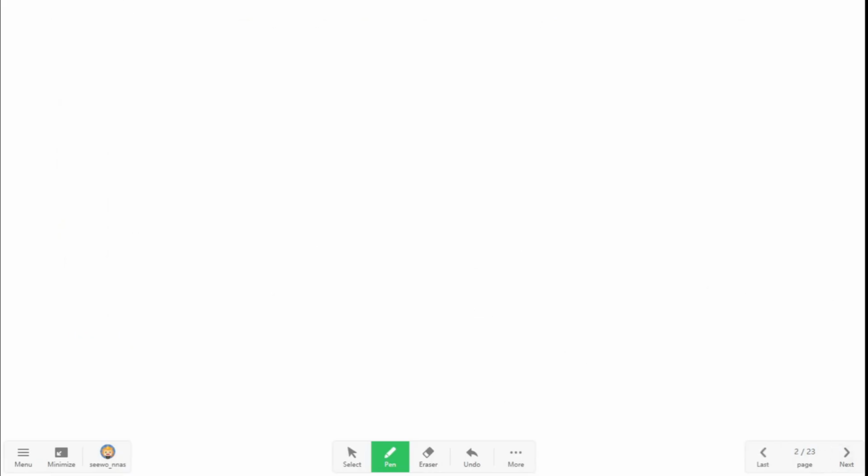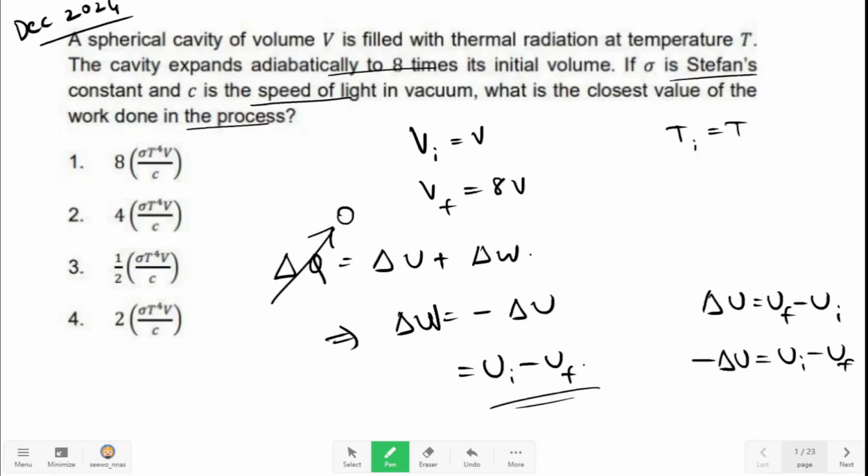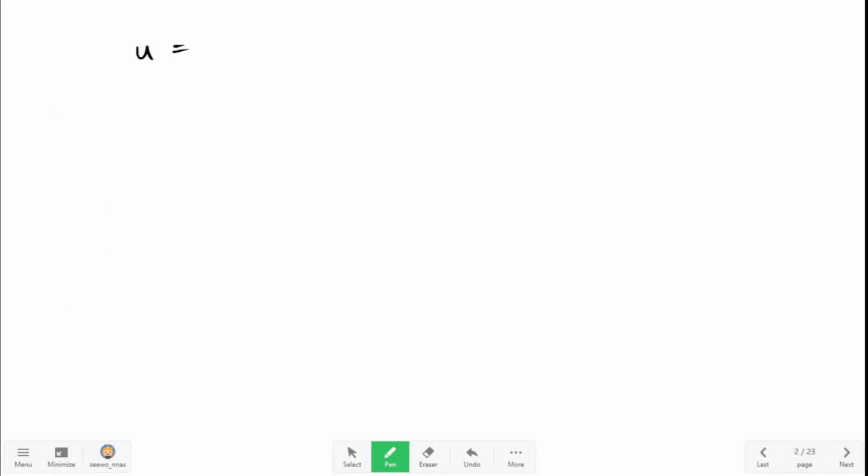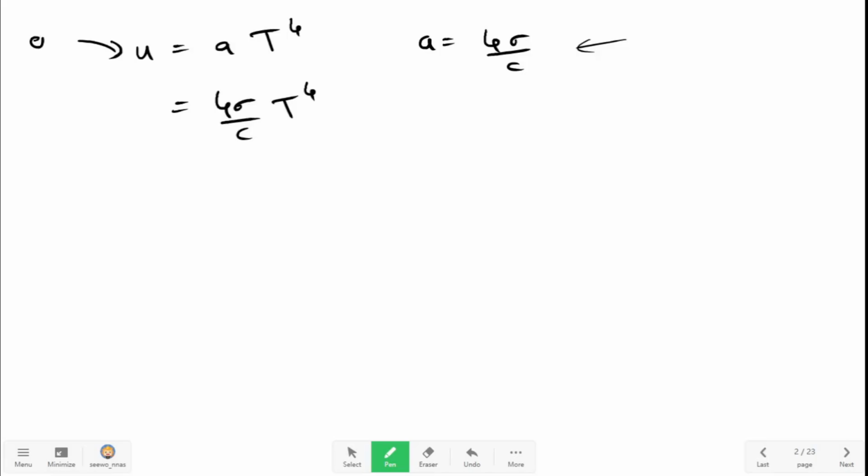Now what is the energy density in the case of thermal radiation in a spherical cavity? It is given by u is equal to A T raised to 4, where A is nothing but 4 sigma by c. Now this value of A is not so famous, but you can see it in Introduction to Thermal Physics by Daniel Schroeder. So we have u is equal to 4 sigma by c T raised to 4. Now u here is the energy density, the energy per unit volume.